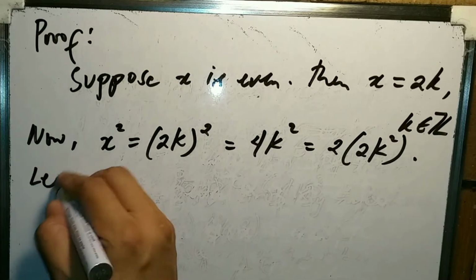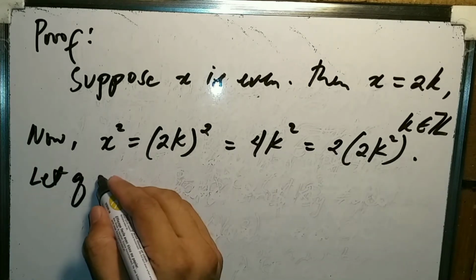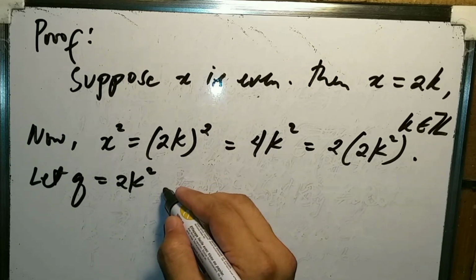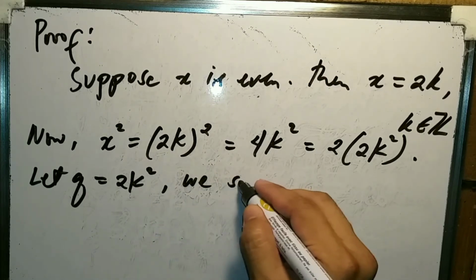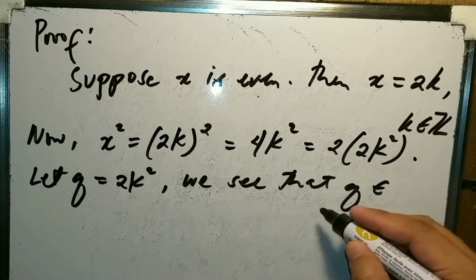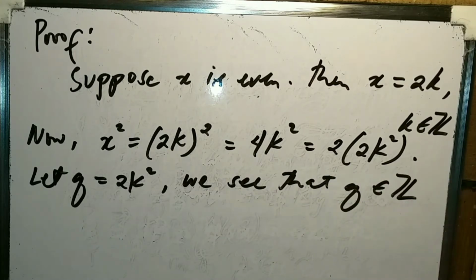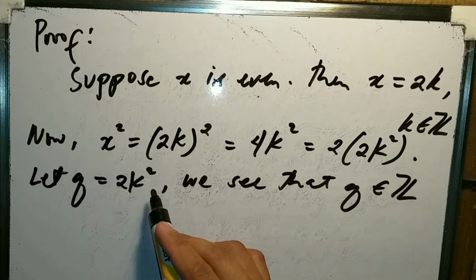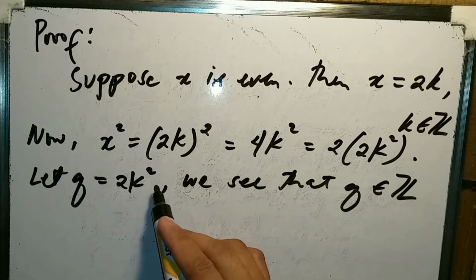If we let q be 2k squared, we see that q is an element of the integers. K is an element of the integers. If we square that, it is also an integer.